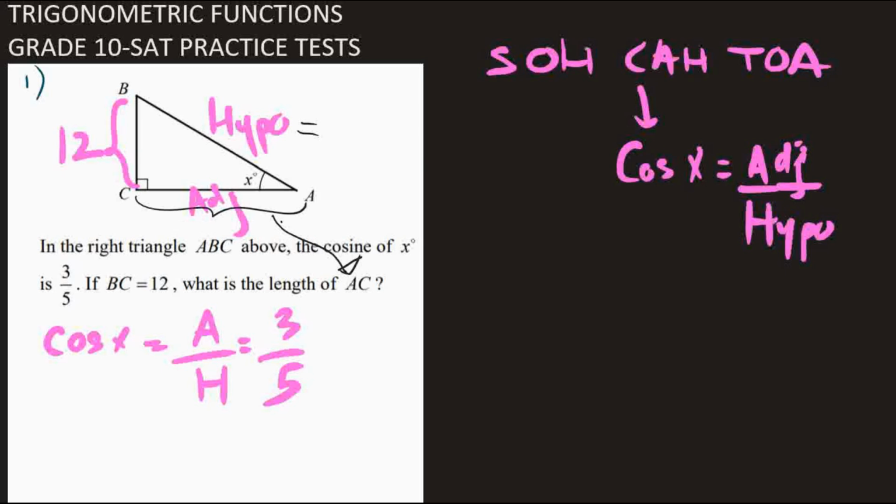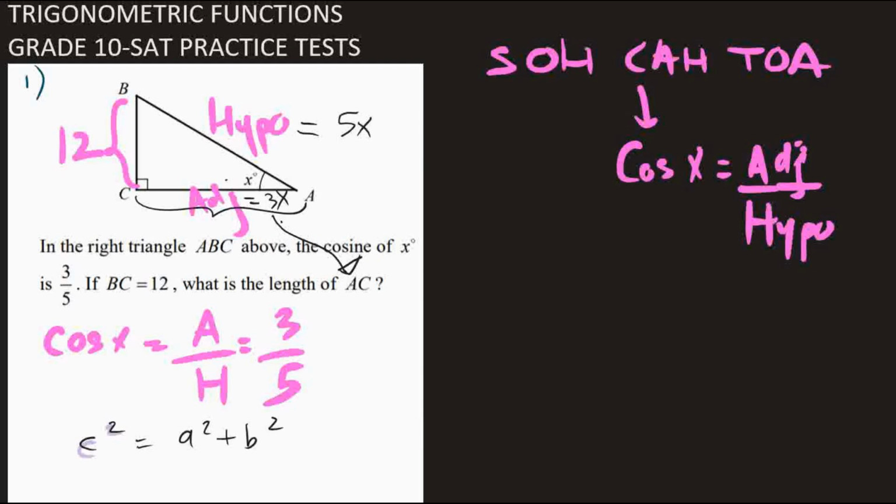Now the hypotenuse we write as 5x, and adjacent we write as 3x because the ratio is 3 over 5. Now we can solve this with Pythagoras. Our Pythagoras formula will be c squared equals a squared plus b squared.